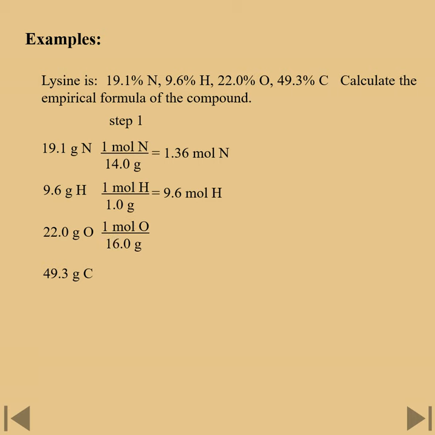Using the molar mass of oxygen, we convert the mass into moles of oxygen. And the same thing for the last guy, the carbon. Using the molar mass of carbon, we convert from mass into moles of carbon.